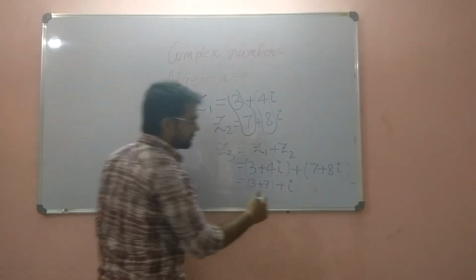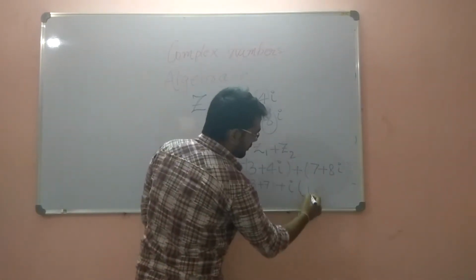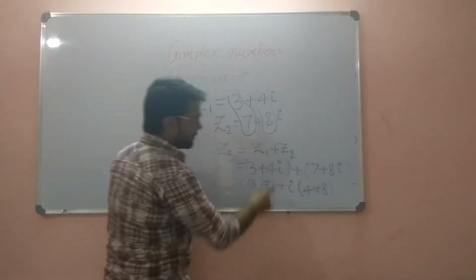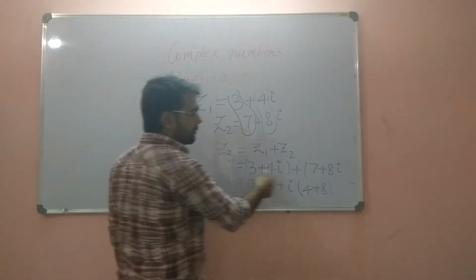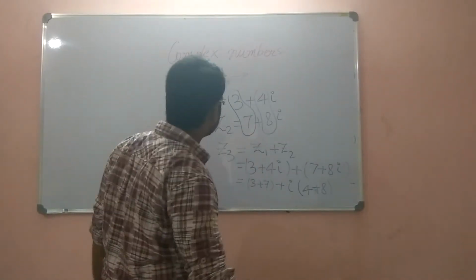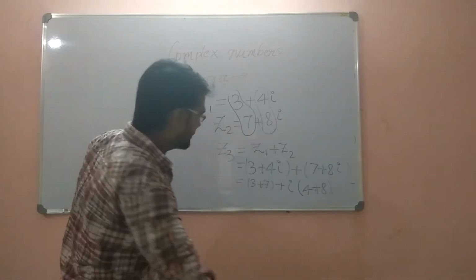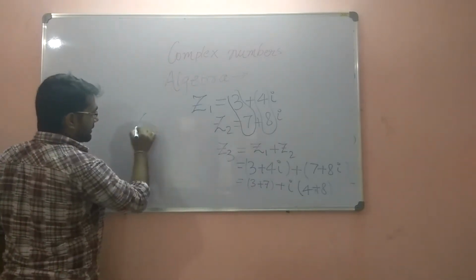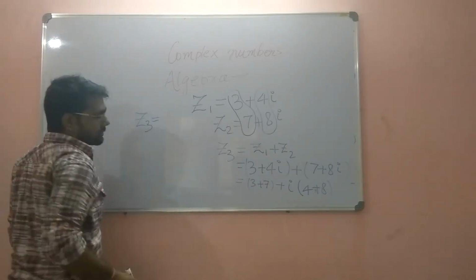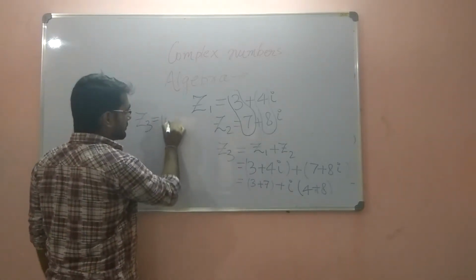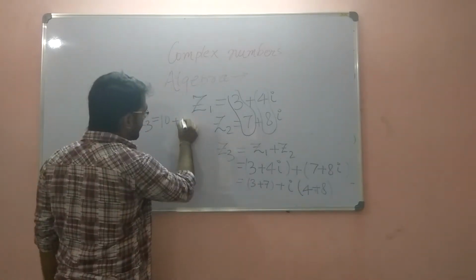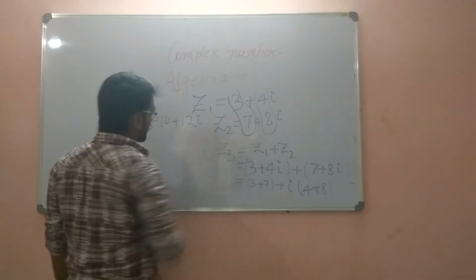we can take the common iota, 4 plus 8, the imaginary part of the first complex number and the imaginary part of the second complex number, right? So we will have Z3 equals 7 plus 3, 10, plus 8 plus 4, 12, 12 iota, right?